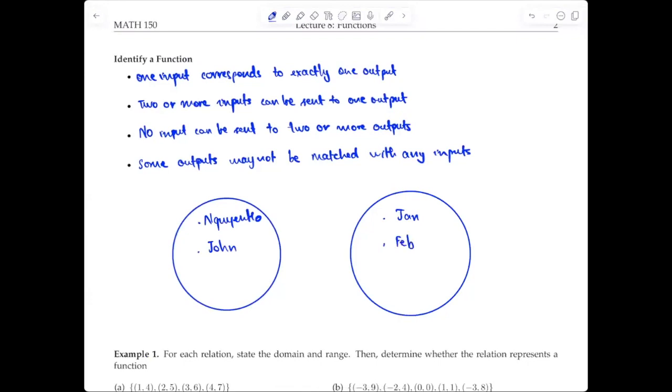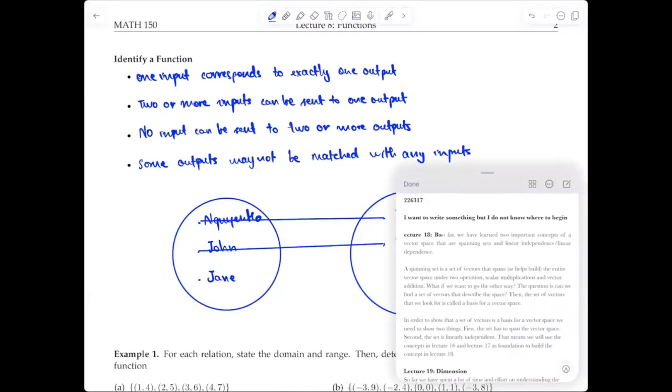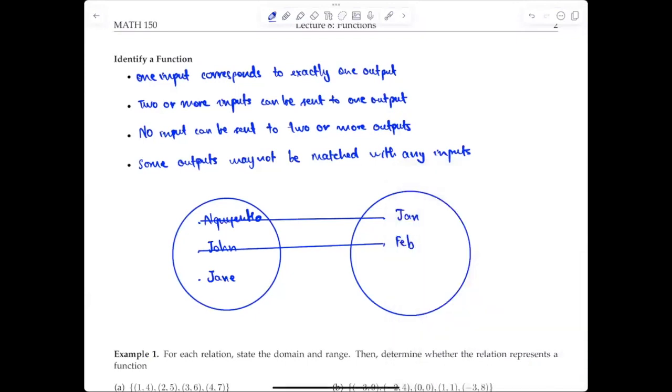So I was born in January, so one input corresponding to one output. And John was born in February, so again, one input corresponding to exactly one output. Now, there's probably another name, so I can call it Jane. Jane can be born in February as well.